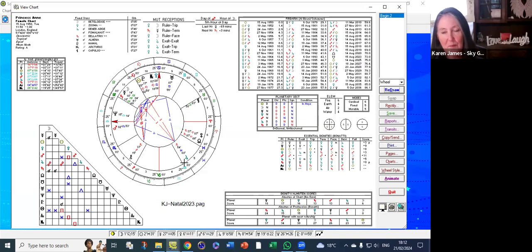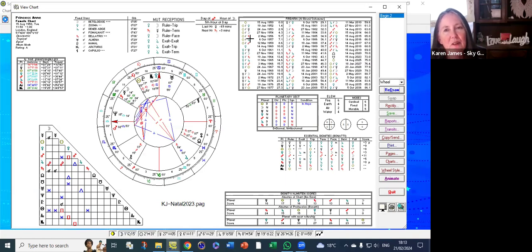And then there are sub-Firdars. Now, in this book by Subramanian, he wants to put the nodes alongside the traditional planets. But for now, let's just keep it the way Solar Fire gives it to us, and that is without the nodes.